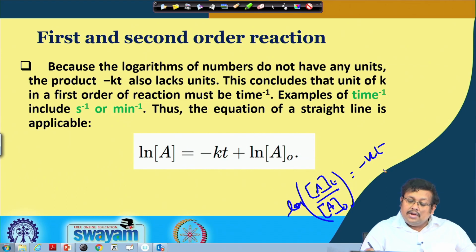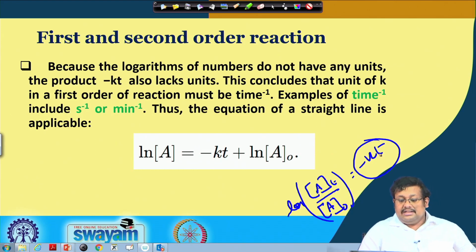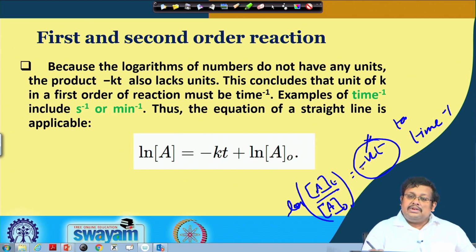So, if kt is unitless, that means the unit of k should always be time inverse, because the time unit and the time inverse unit will nullify each other to get a unitless number.